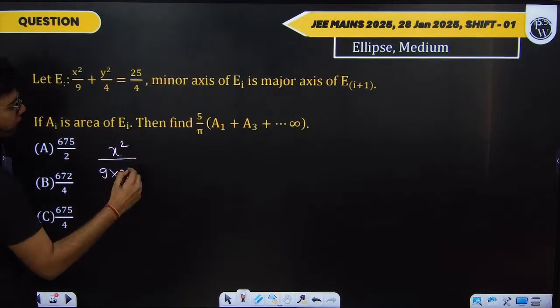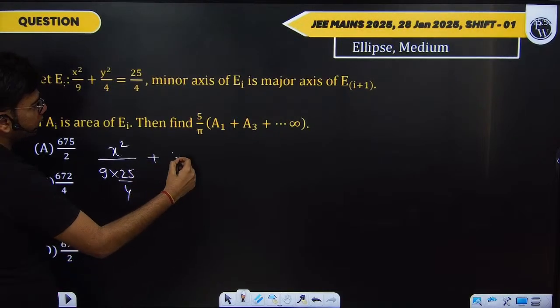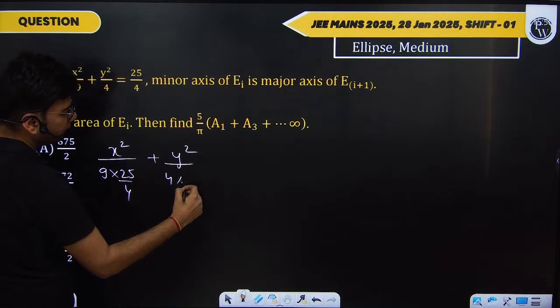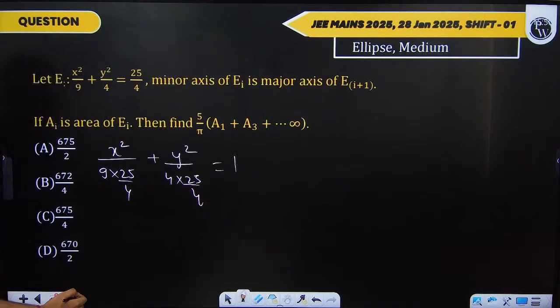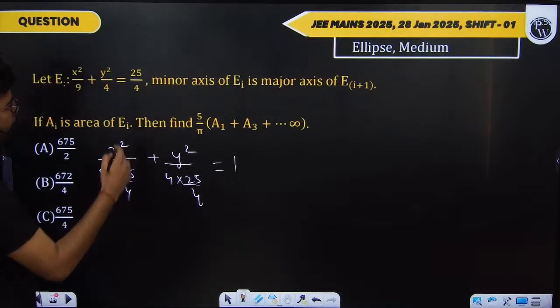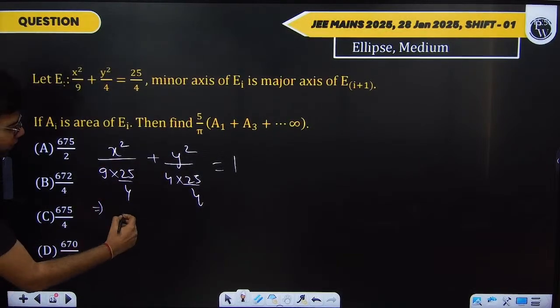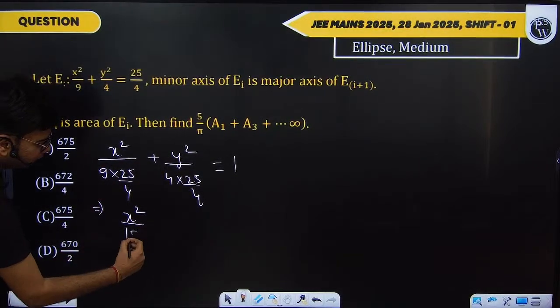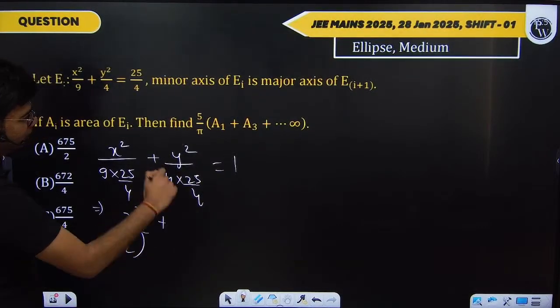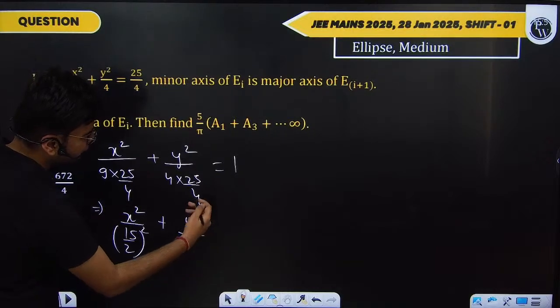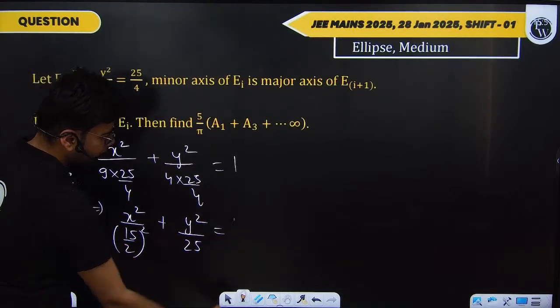x square upon 9 into 25 by 4 plus y square upon 4 into 25 by 4 equal to 1. So this will give me x square upon 15 by 2 whole square plus y square upon 25 is equal to 1.